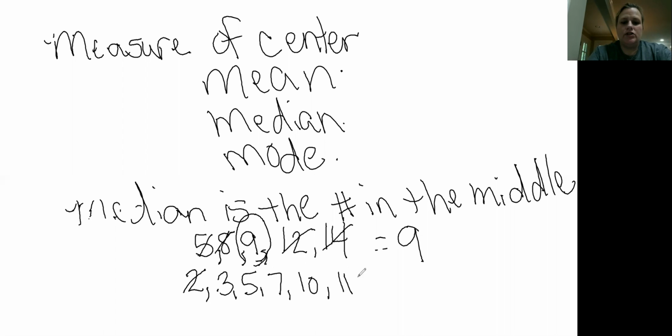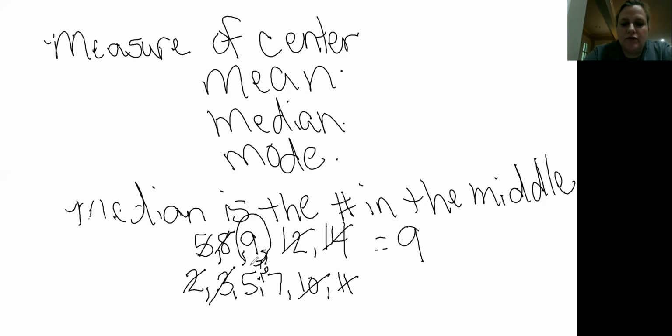The low and the high are gone. So what would be in the middle? Well, this one's kind of easy, because 5 and 7, there's literally only one number in the middle of 5 and 7, and it would have to be 6.